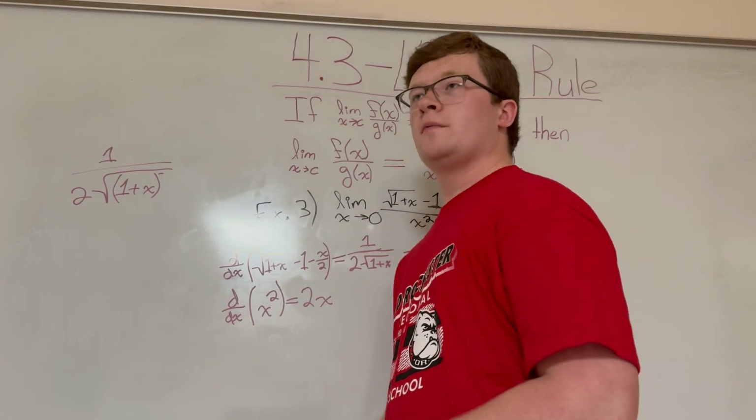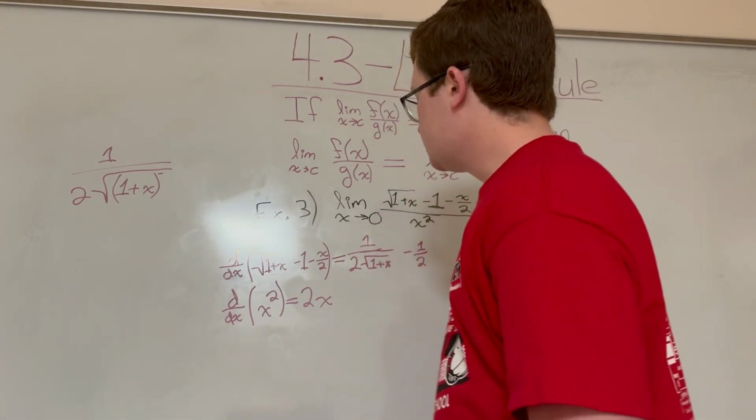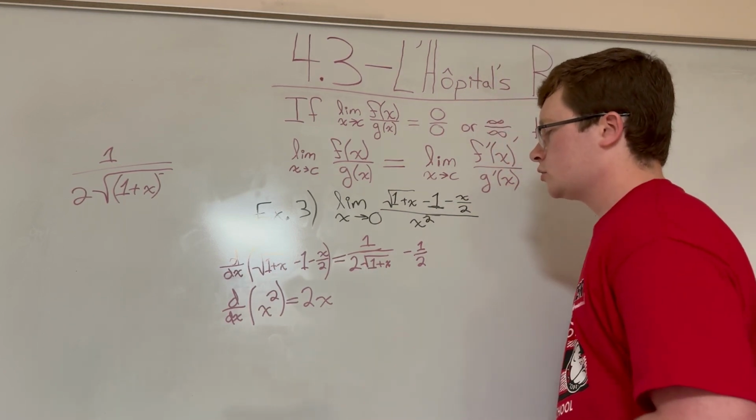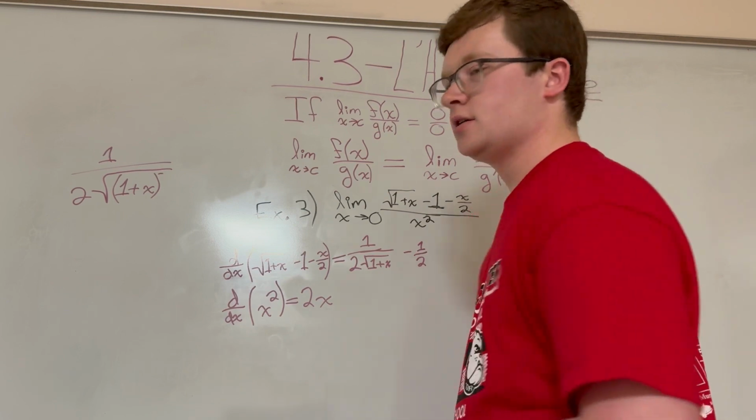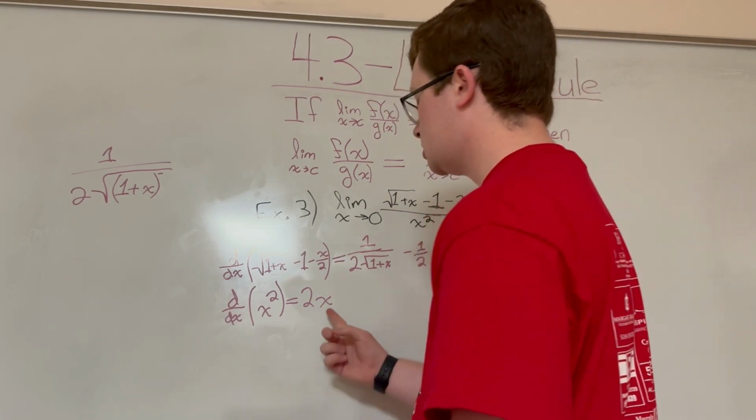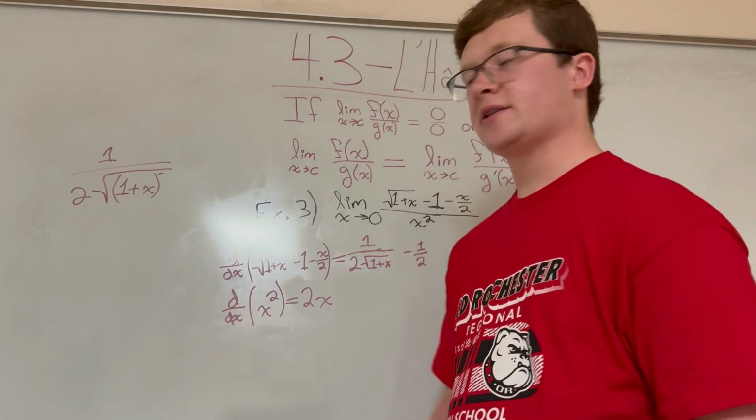All right, so hopefully you got the derivative of the numerator to be 1 over 2 square root of 1 plus x, minus 1/2. And then hopefully you got the derivative of the denominator to be 2x. So L'Hopital's rule, let's plug that in.